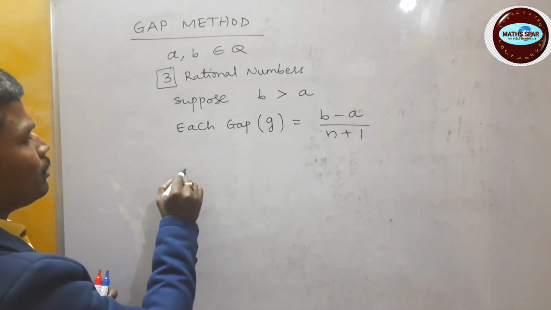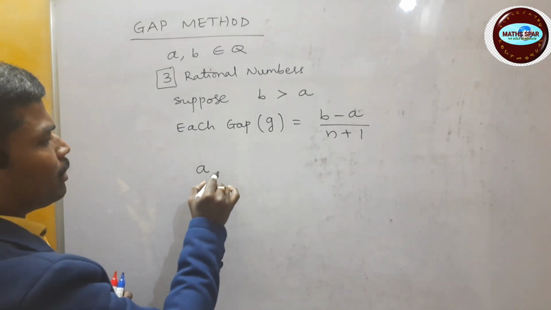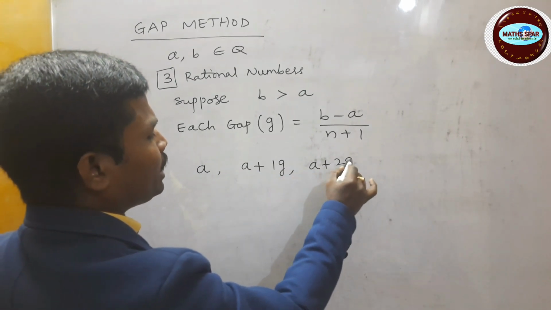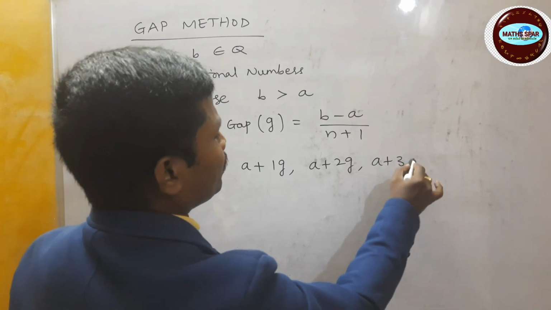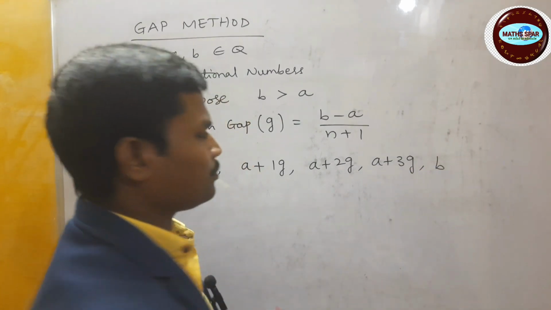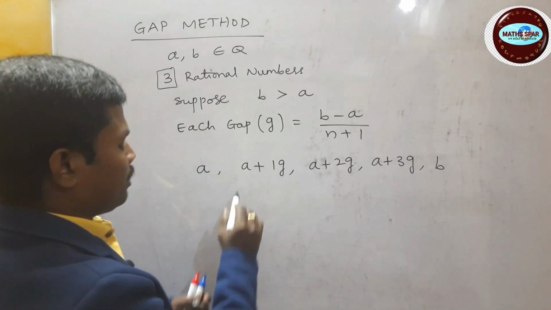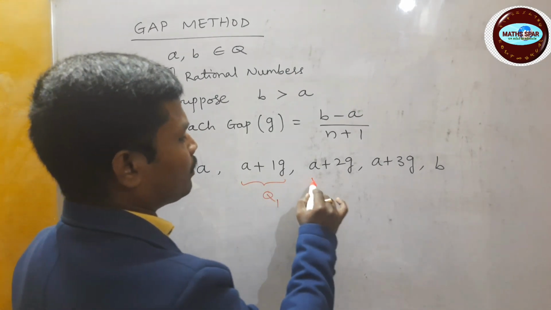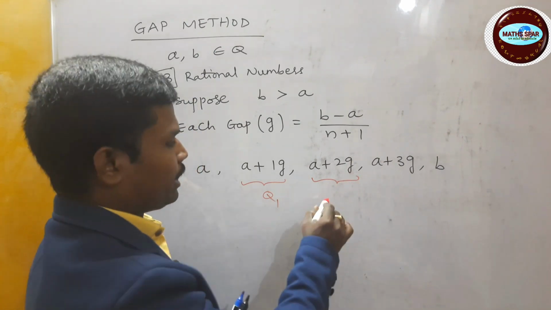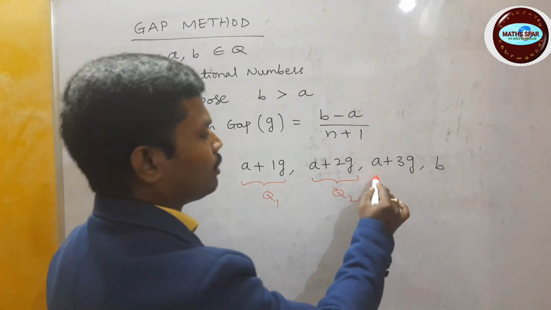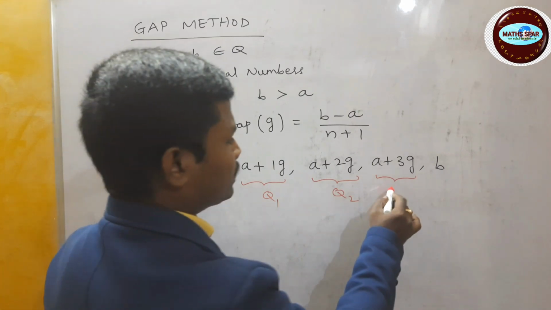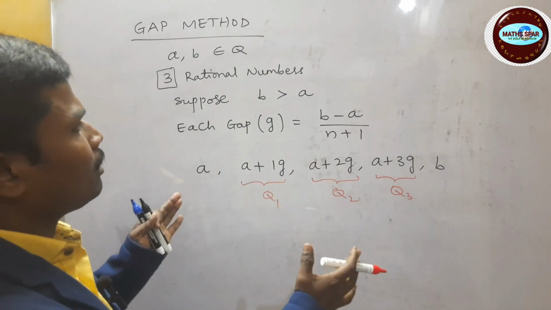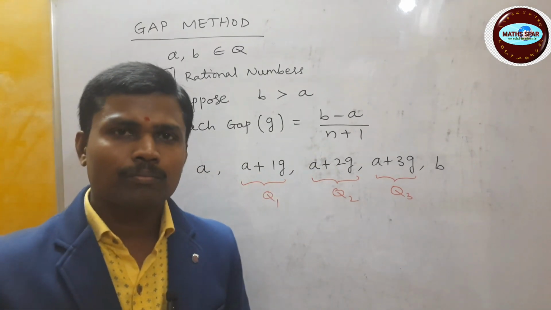Then it proceeds further as A, A plus 1G, A plus 2G, A plus 3G and B, where A plus 1G is the first rational number, A plus 2G is the second rational number, A plus 3G is the third rational number. This procedure we will use.